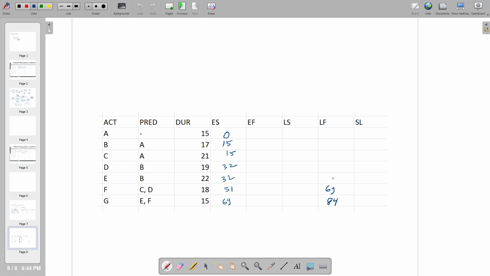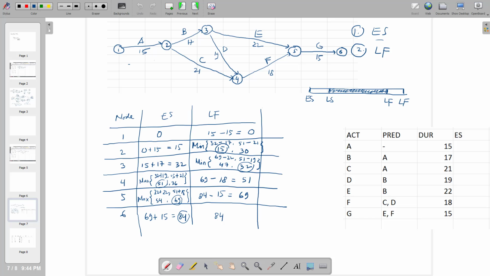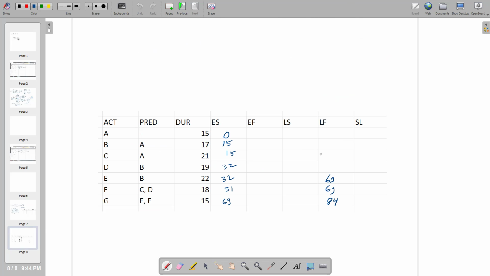Sorry, I already did F, so this is 69 as well. And then C and D. C will be 51, and D will be the same, 51.